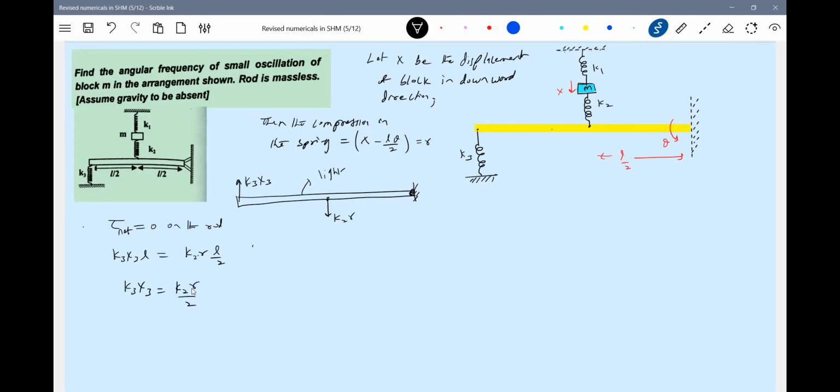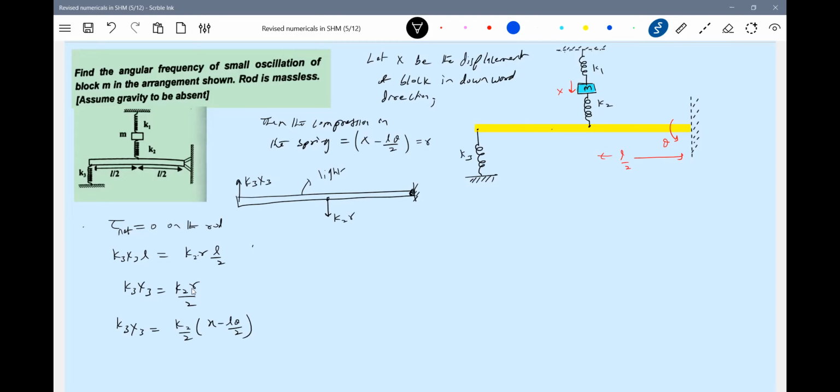What is R? R is X minus L theta by 2. Okay, let me substitute. K2 by 2, R will become... who is undergoing displacement? The block. So what is the problem here? Theta and X3. What is X3 equal to?